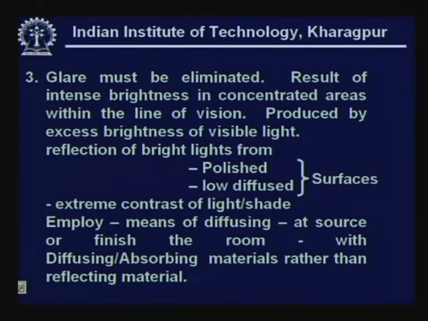So, this is where diffusers have to be adopted, and the entire room interiors including the furniture have to be designed with what we call diffusing or absorbing materials rather than reflecting materials. So, if you see, most of the walls are not made highly reflecting.